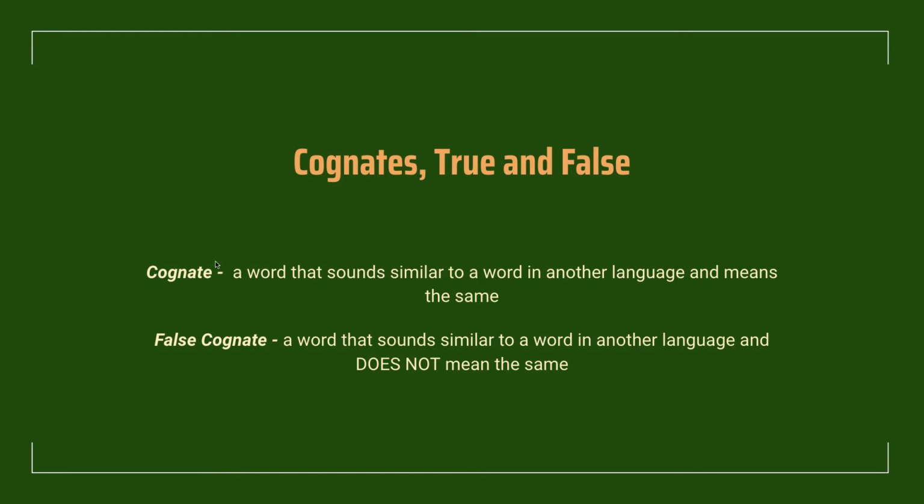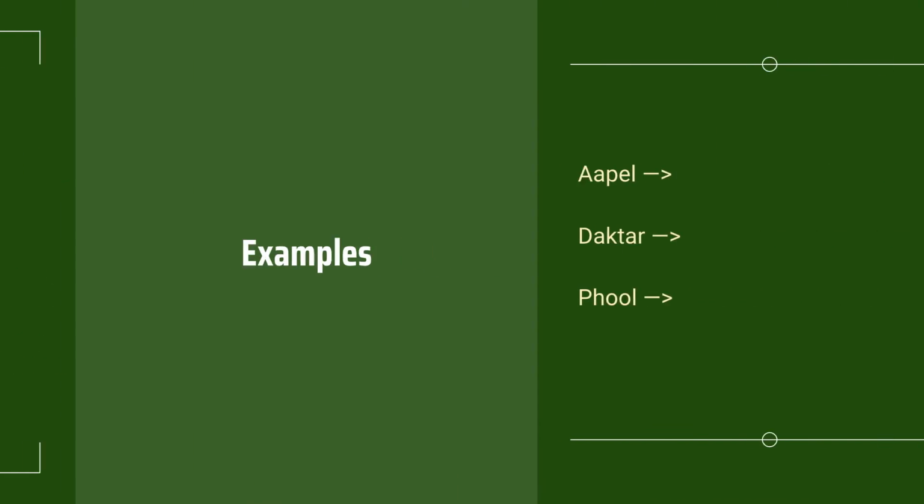There are true cognates, so a cognate is a word that sounds similar to a word in another language and means the same, and then there are false cognates, very misleading. They are words that sound similar to words in another language, but they don't mean the same thing. So we're going to have a little bit of an example here.